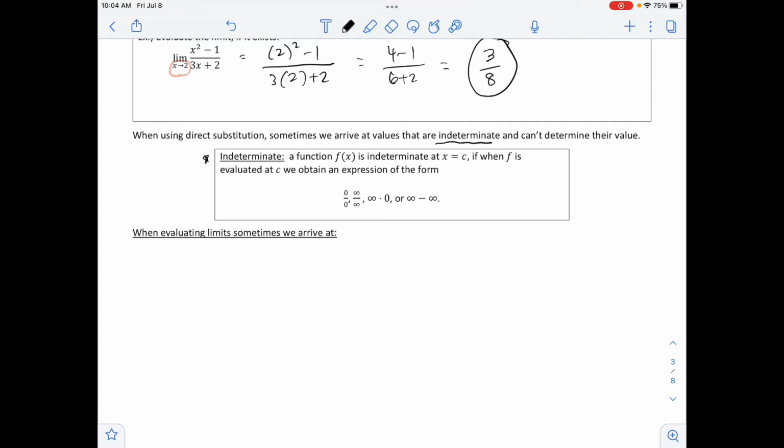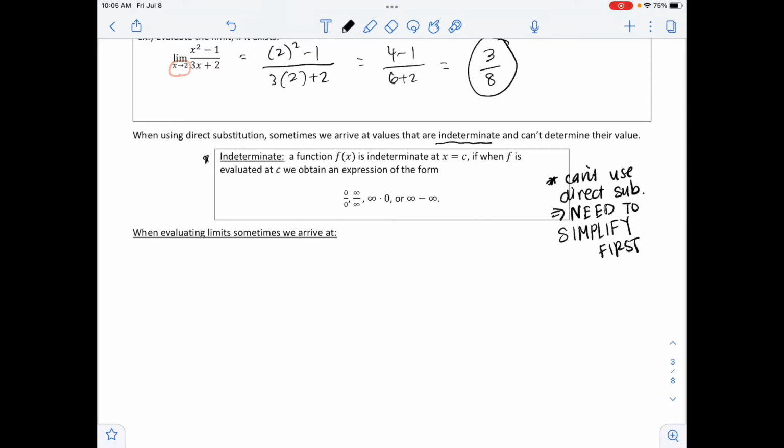We do have a few others that might show up, but these are the 4 main ones that we will see for this class. For these, we can't use direct substitution because these are indeterminate. However, whenever you arrive at one of these indeterminate forms, we need to simplify first.